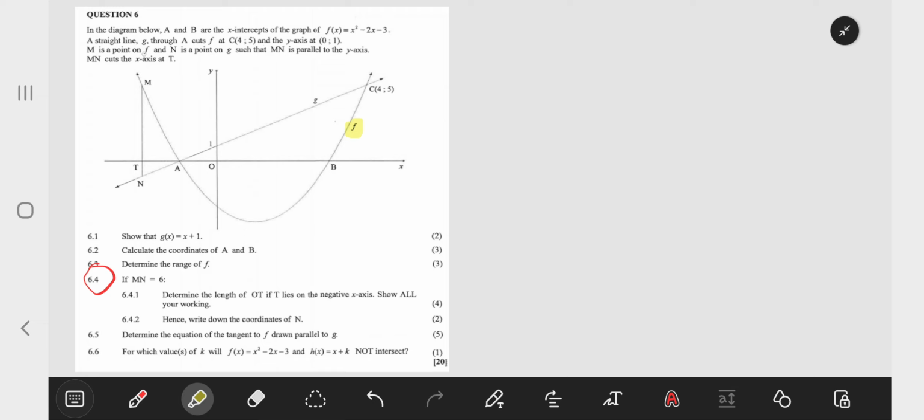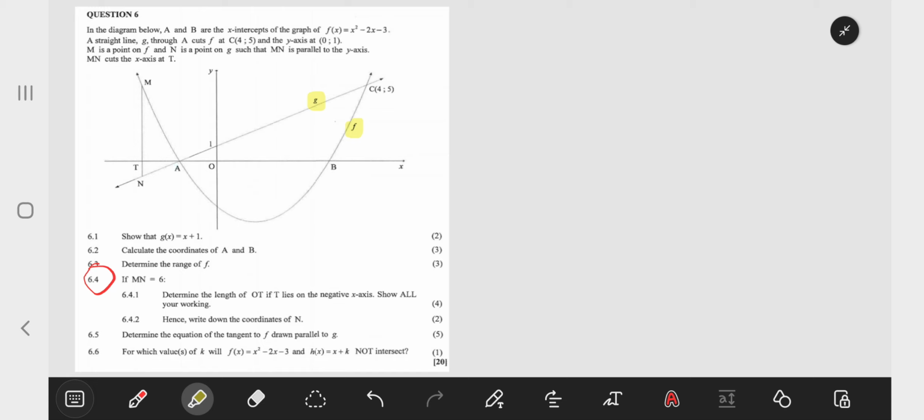And then a straight line G, which is g of x, through A cuts F at C. C is the point of intersection, right? And even A is the point of intersection.